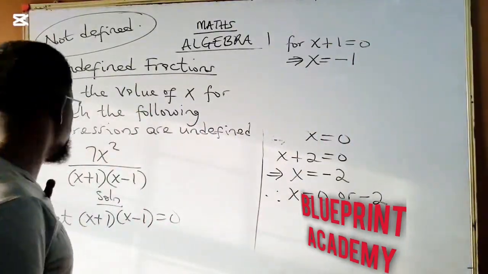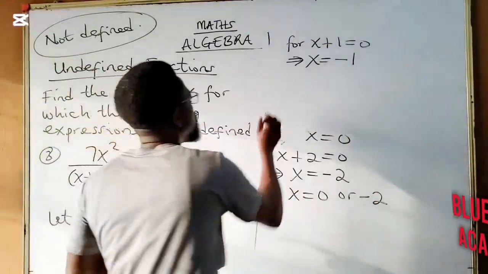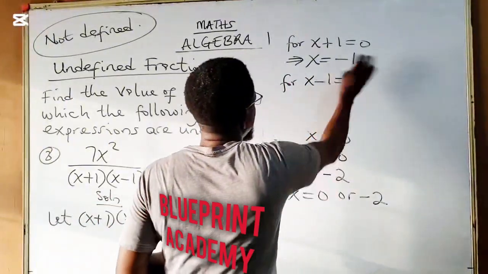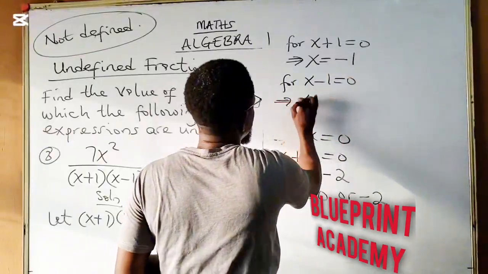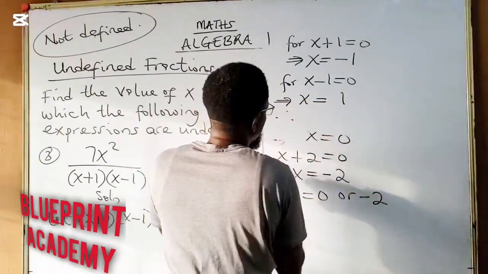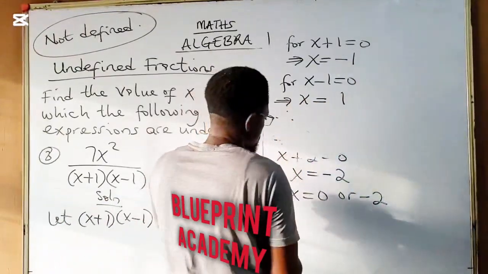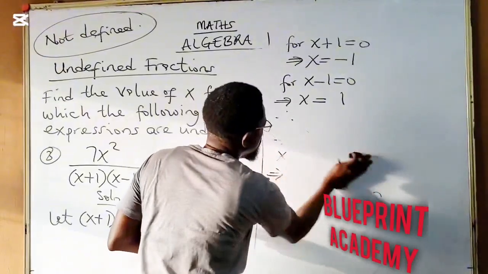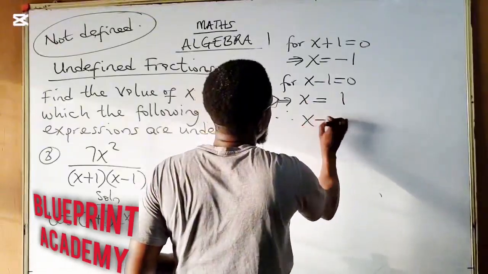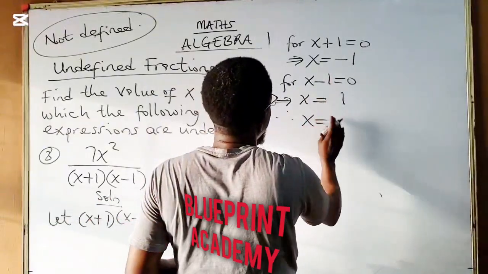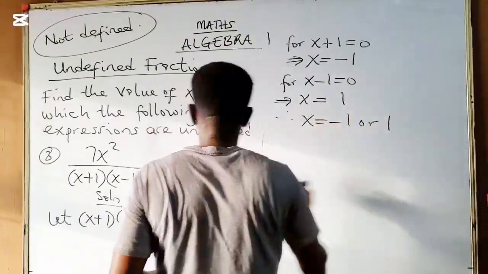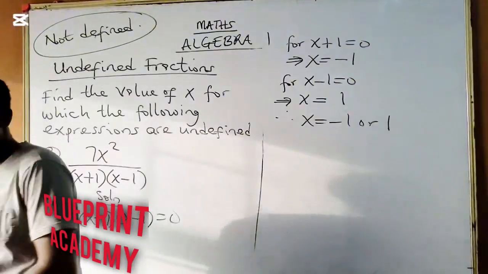Then for x minus 1 equal to 0, transfer the minus 1 across the equality, we get x equal to 1. So for this expression to be undefined, x will be minus 1 or 1. That is what makes that expression undefined.